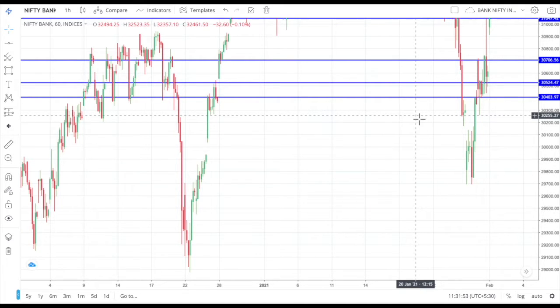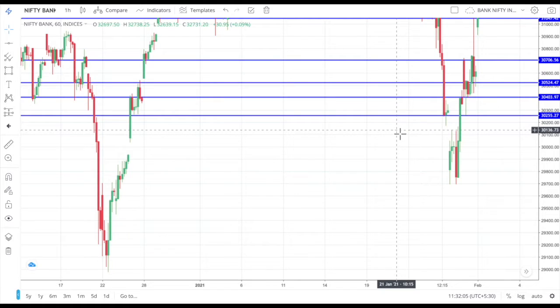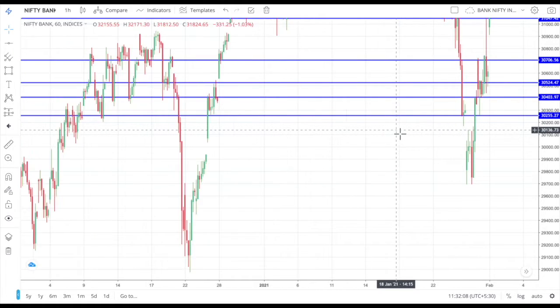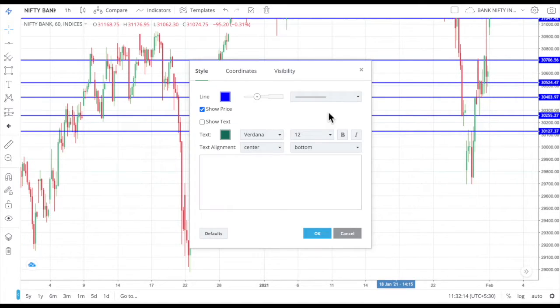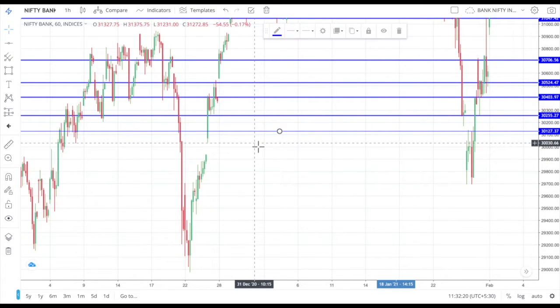Okay, this reversal point can act as a good support. And obviously we'll always have the low point.